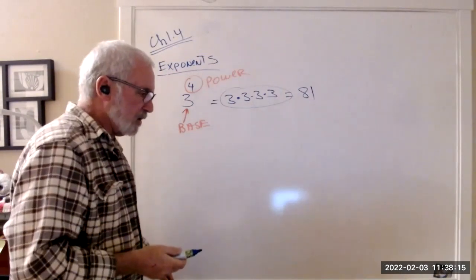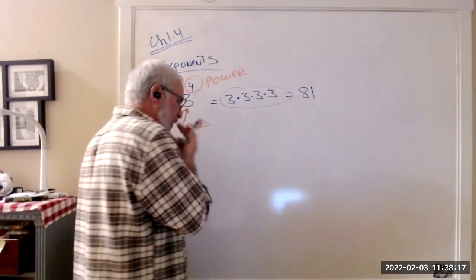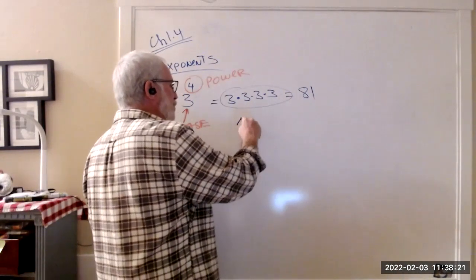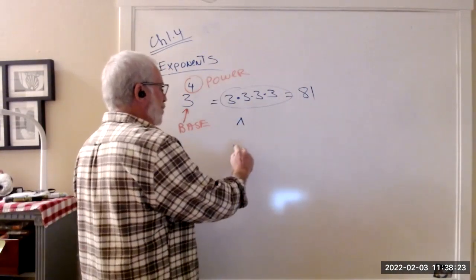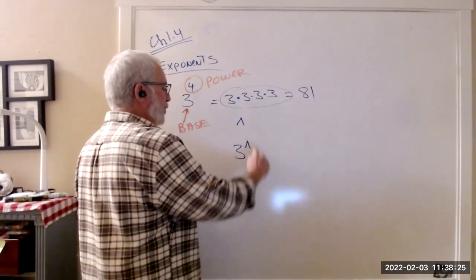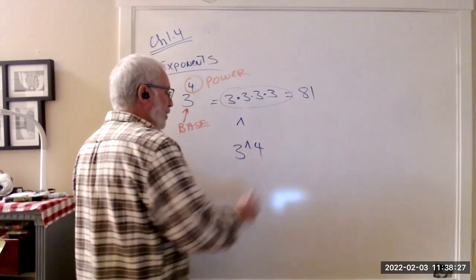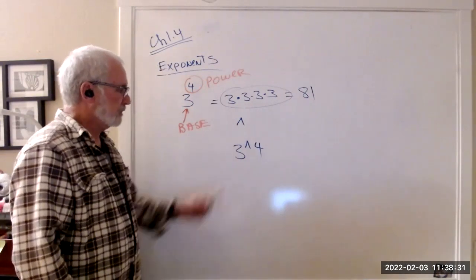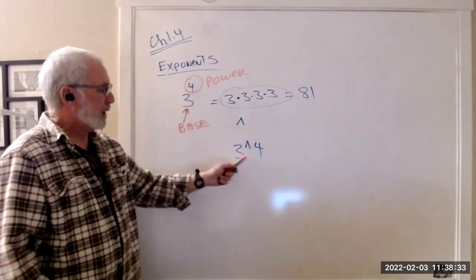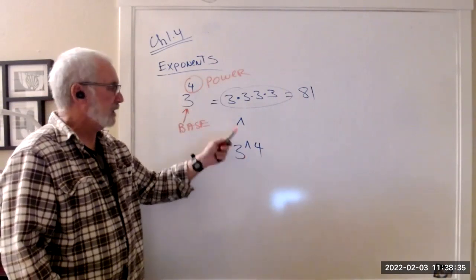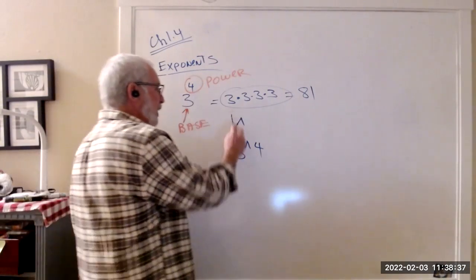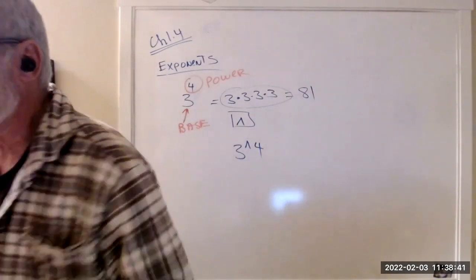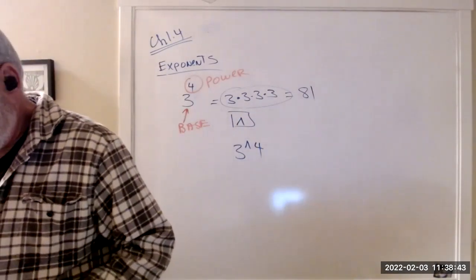Depending on the calculator you have, some calculators use this, so you could go on your calculator 3 up caret 4. That would be 3 to the 4th power. Some calculators have that button on your calculator. The TI 86, let me make sure.